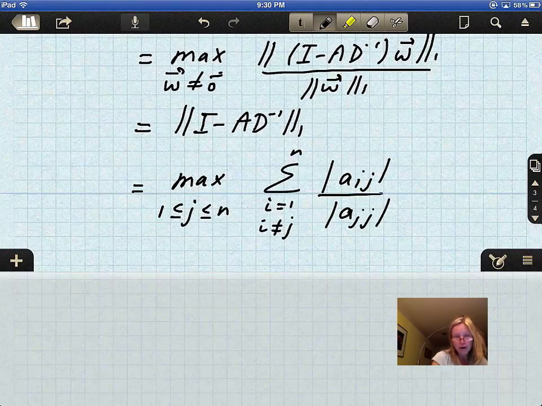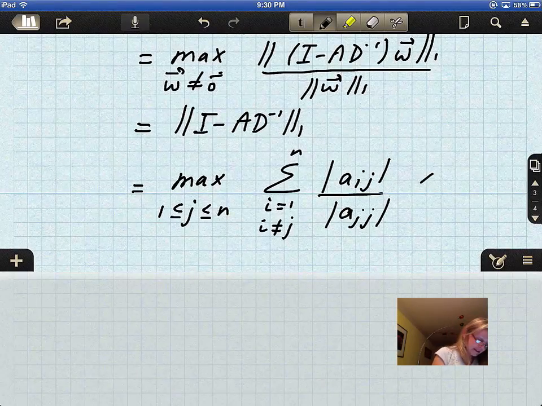Okay, but we know because A is column strictly diagonally dominant that this is smaller than 1, and we found our proof.